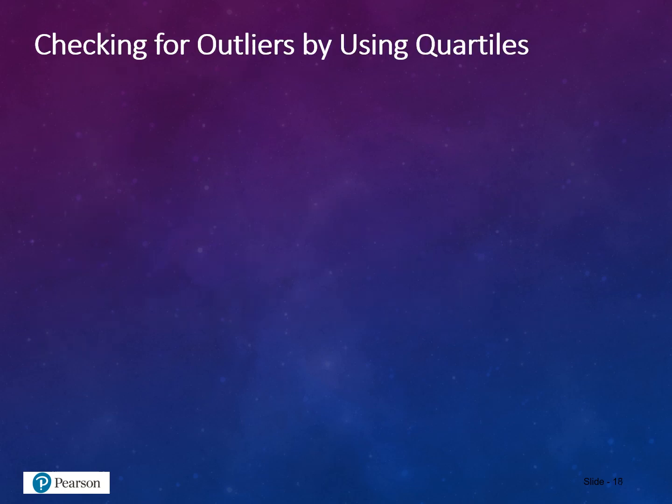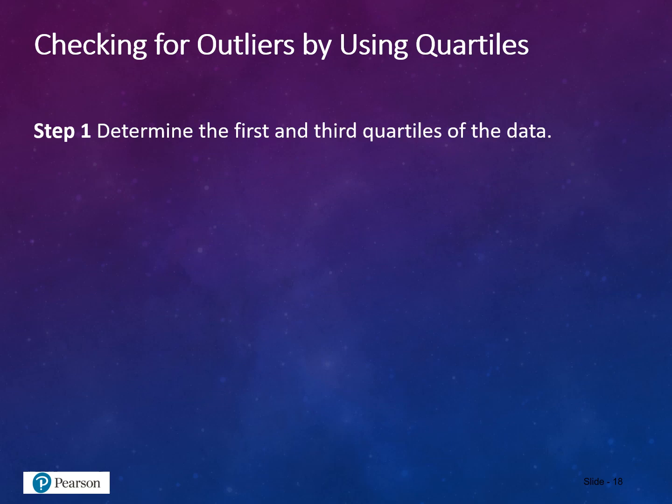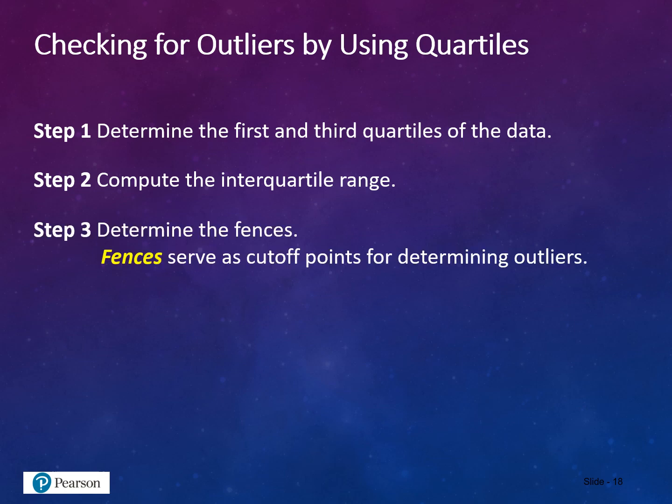How do we check for outliers? By using the quartiles. Well, first we determine the first and third quartiles of the data. Then we compute the interquartile range. Remember, this is that middle 50% of data from quartile 1 to quartile 3. Then we determine the fences. Fences serve as cutoff points for determining outliers, and this is how you're actually going to determine. This is a scientific way, a standardized way of determining that you have extreme data or outliers.